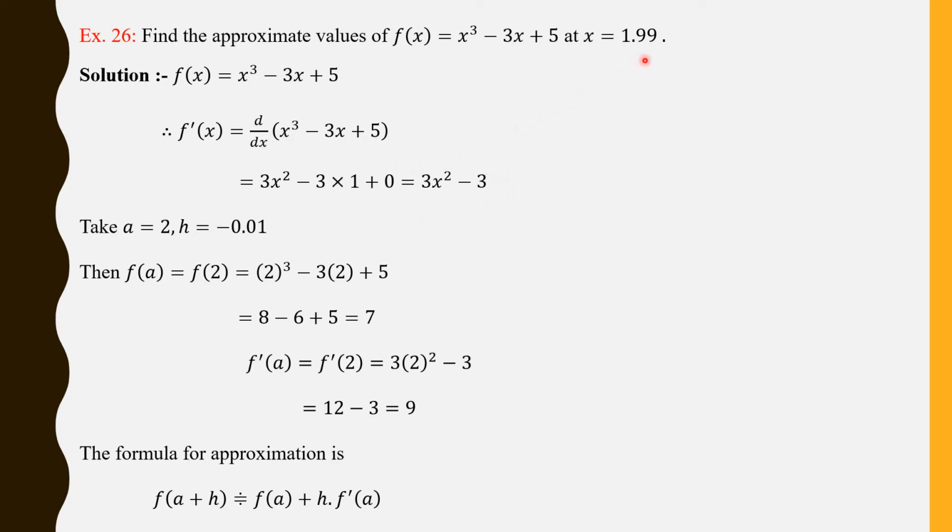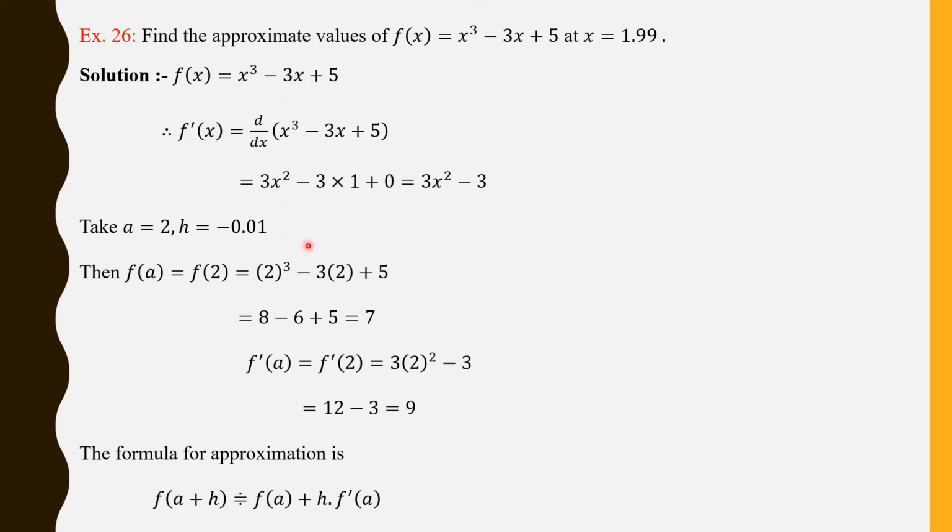The number 1.99 is written as 2 - 0.01. Take a = 2 and h = -0.01. Then f(a) = f(2), the value at the point. Here is f(x). Put x = 2 in this equation.